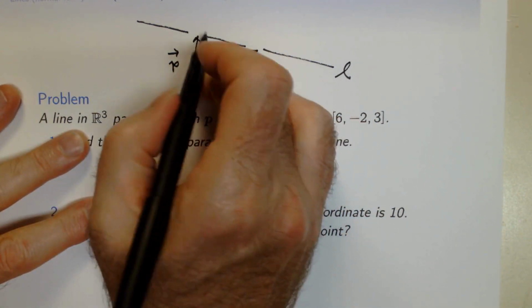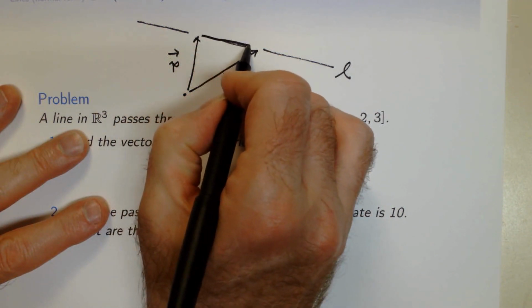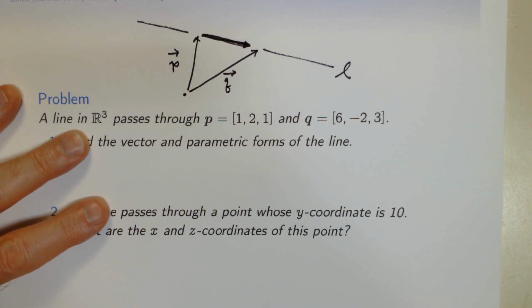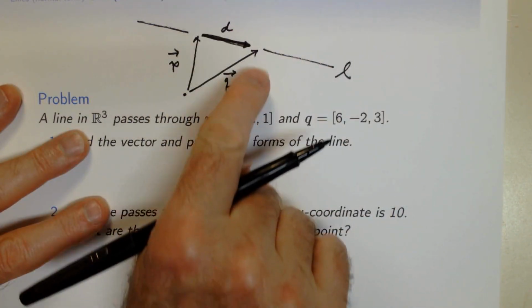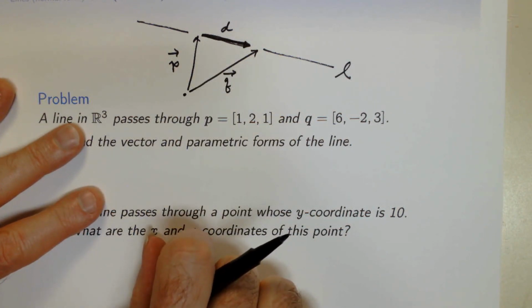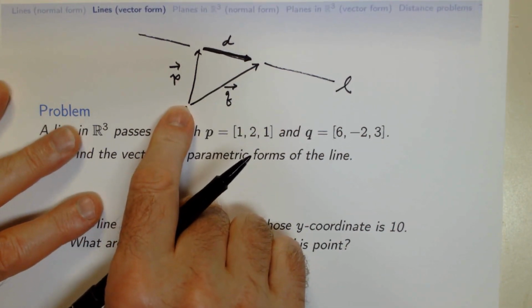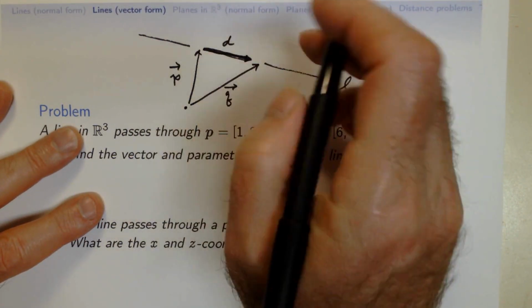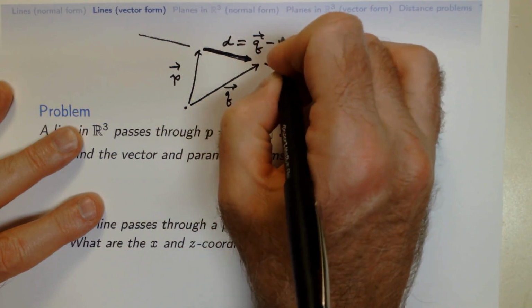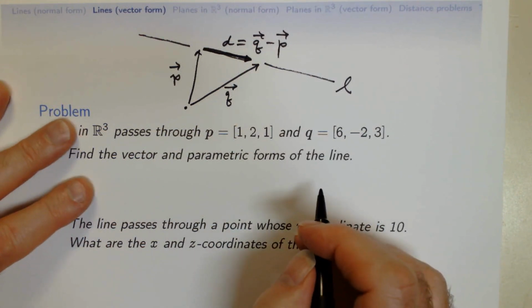And here, there's a couple of natural choices, right? I think it helps to think about the vector that goes from P to Q as a natural candidate for a direction vector. We could also think of the vector that points from Q to P, but let's use this one that I've pictured here. And so that would be the vector Q minus P. So a natural candidate for D here is the vector Q minus the vector P. And let's work that out.